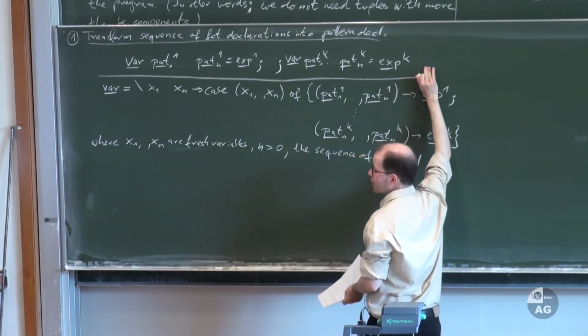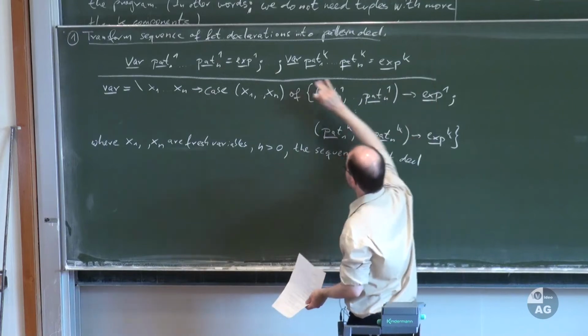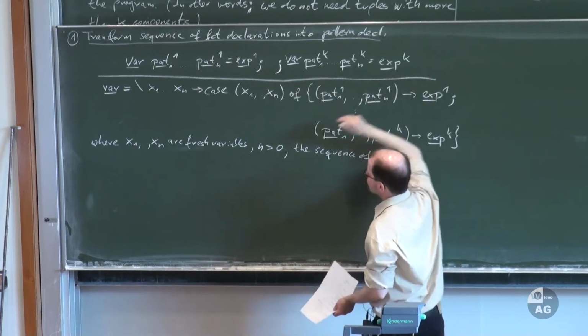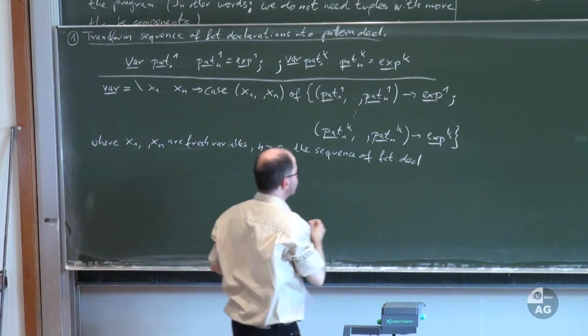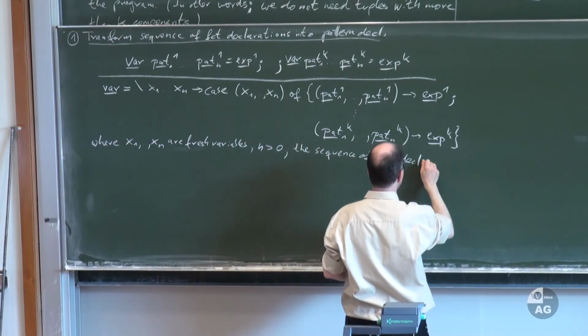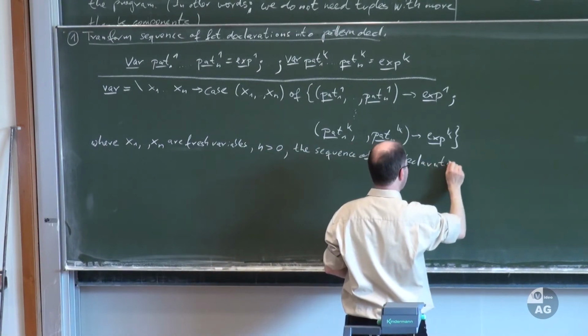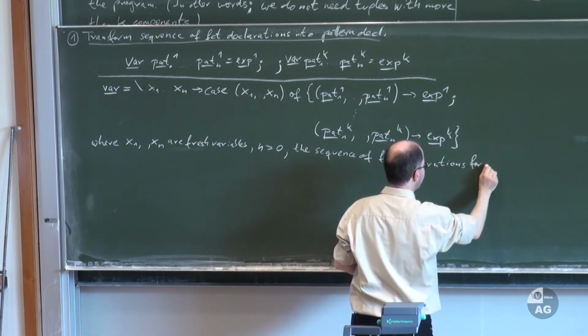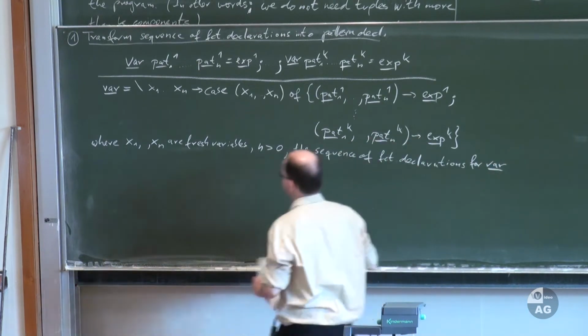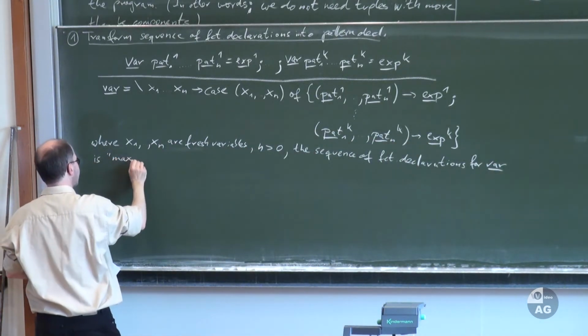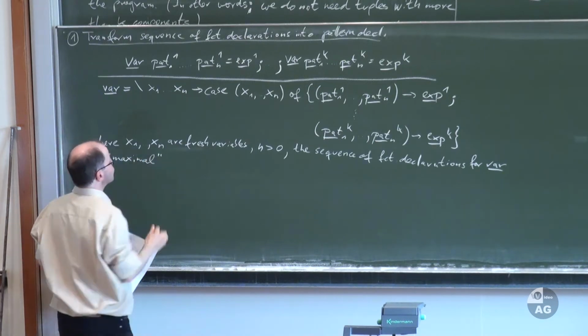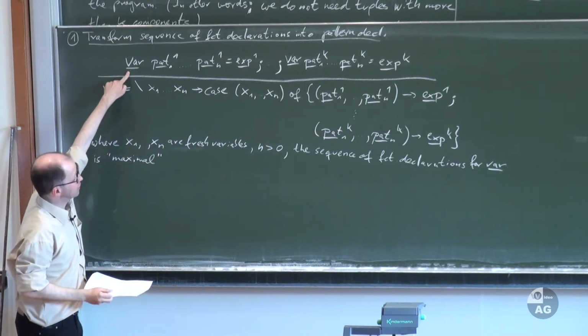So after that, there comes no function declaration for var anymore, but something else. And also before, there is no declaration for var, but something else. So these are all the function declarations for this function.